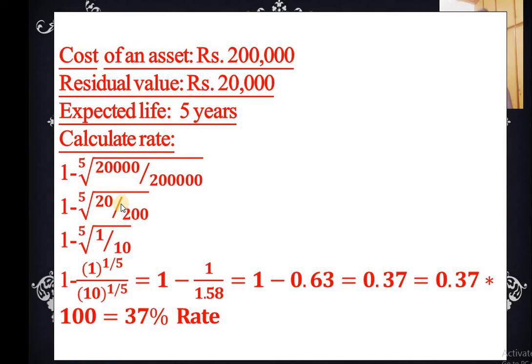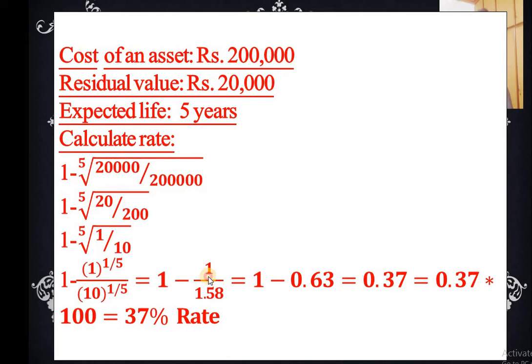If we simplify it, we obtain this figure. Then we take its exponent: when we take exponent 1 we obtain 1, and when we take exponent 1 over 5 we obtain 1.58.